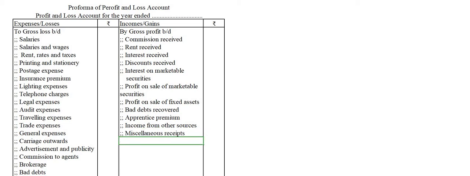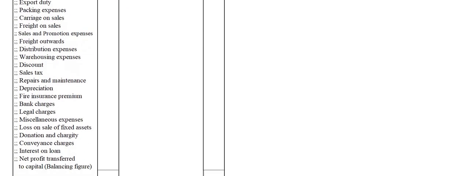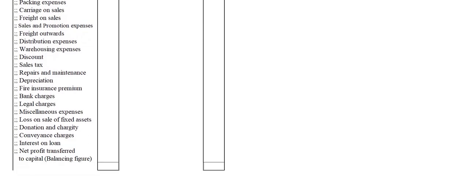So all these things are the indirect incomes, meaning all the incomes other than those directly related to production. If the income side is more, we will write the total here. Say we have written the total here, and the same total can be written here also.